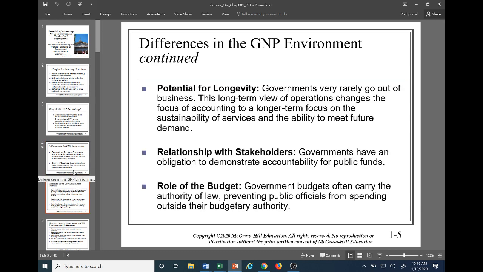Some more differences in the governmental not-for-profit environment would be the potential for longevity. I know you've probably heard in your intermediate courses or your principles the concept of going concern of a business. Does that ring a bell to you? The going concern meaning that they'll be around for longer than a period of a year going into the future. So they'll continue to be a going concern, meaning that they're going to still be in business and continuing its operations.